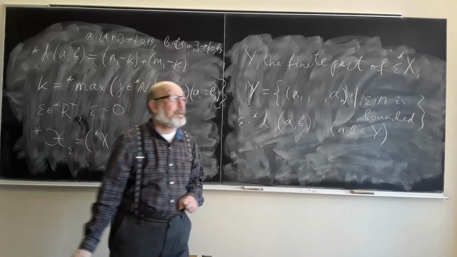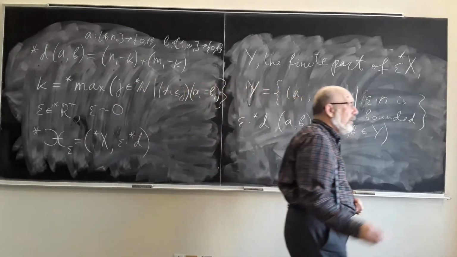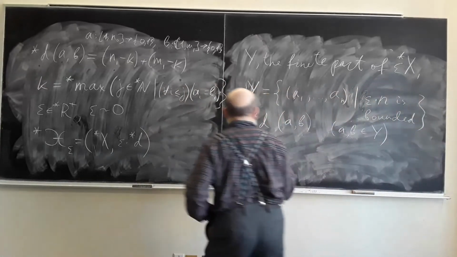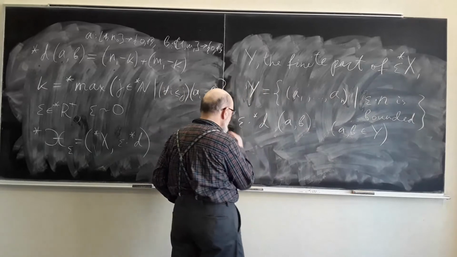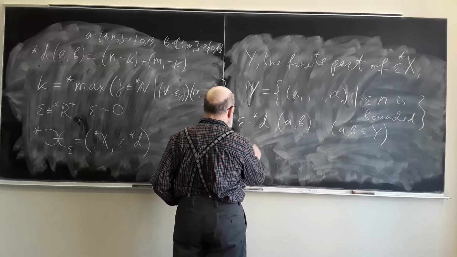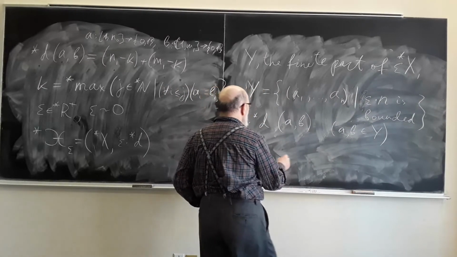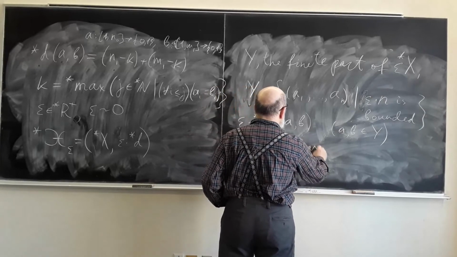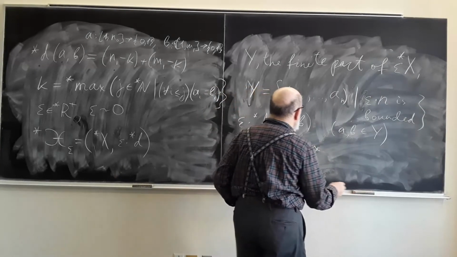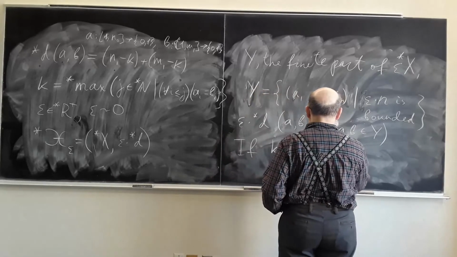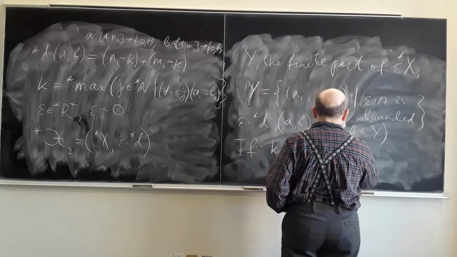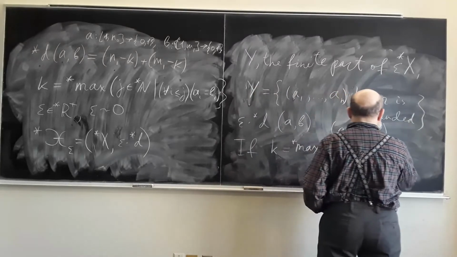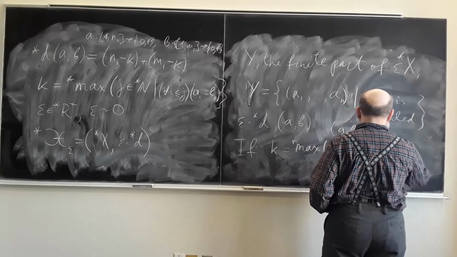So if this first point is the first K, if K is maximum, not star maximum, of J such that AI equals BI for all I less or equal than J, yes?